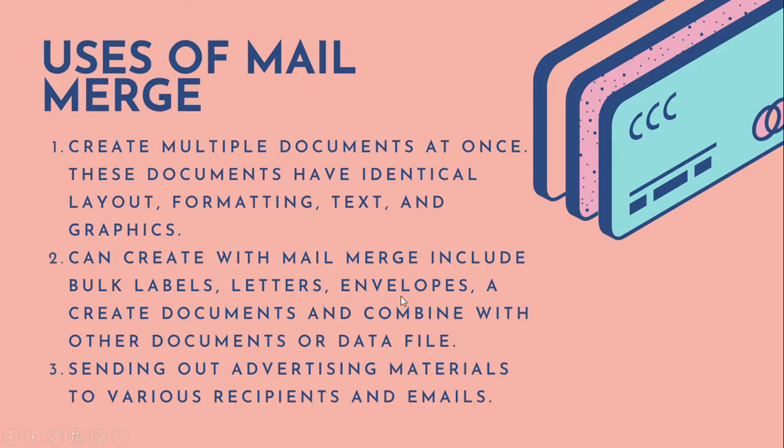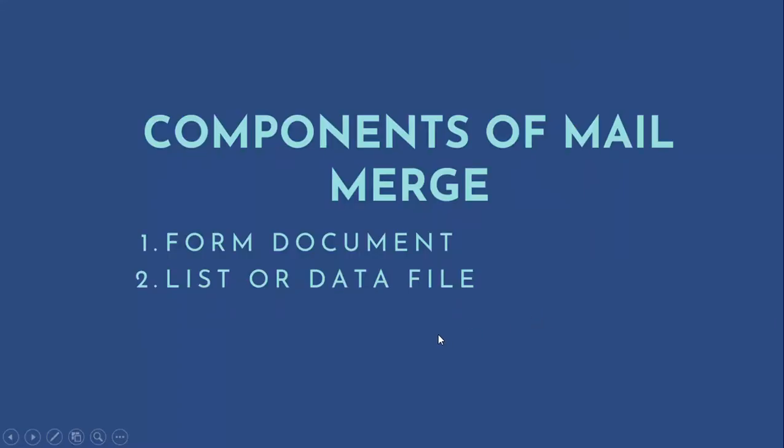Okay, let's move on. What are the two components of mail merge? Initially we have the form document. I already mentioned that this is the original document where you need to create your mail merge. In order to facilitate merging, you should have the form document initially, and then the list or data file.